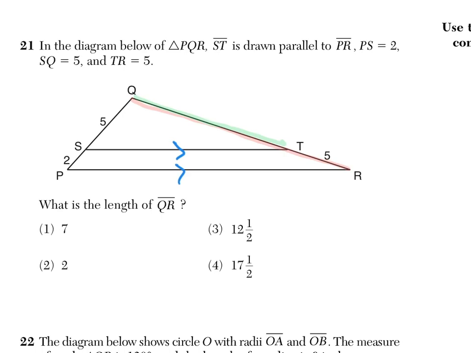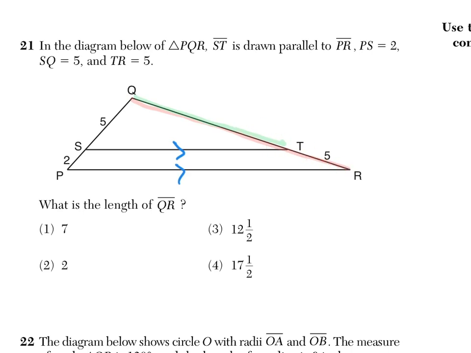Well, I know that if a line is parallel to a side of the triangle, which is what we have right here, and it intersects this side and this side, then it divides these sides into segments of proportional length. So let's set up that proportion. It's going to be QS over SP equals QT over TR.